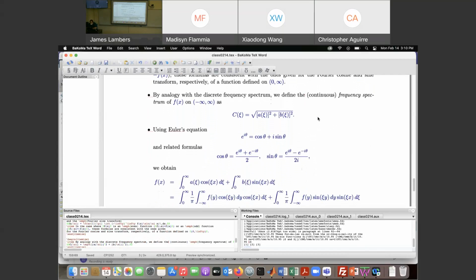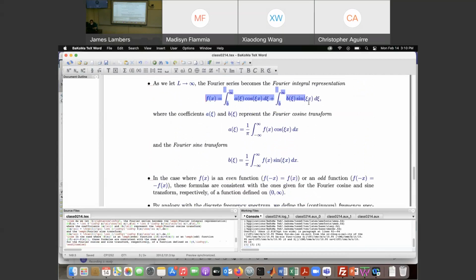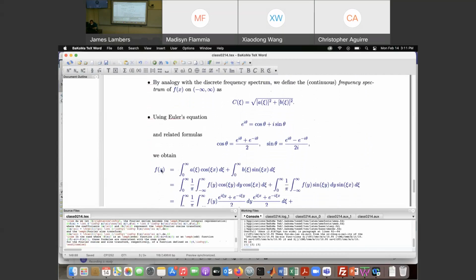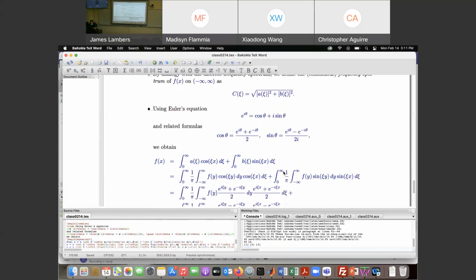Okay. Now, another way that I can write this representation of f(x) is if I take advantage of complex exponentials. So what I'm doing here is, this is what I had before, this first line. But then I have formulas for A(c) and B(c), and I've substituted those in here.